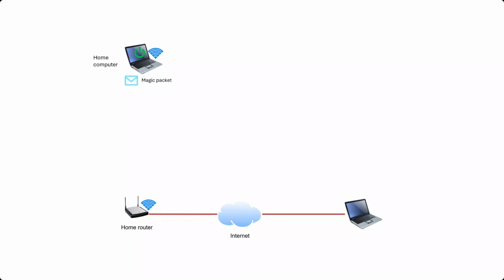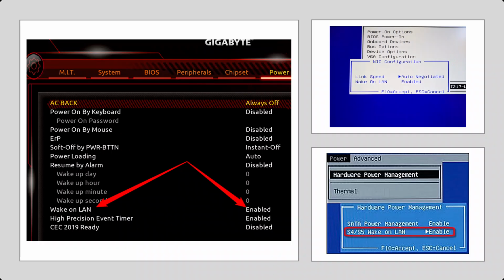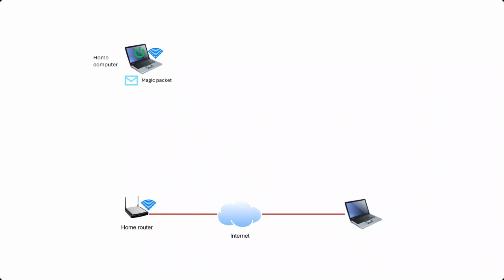You will just need to enable it in the BIOS first. Then you need to enable it on Windows by setting up the power management features on the network adapter. Before we dive into the configuration details, there is an important note about Wi-Fi adapters. Not all of them support Wake-on-LAN.